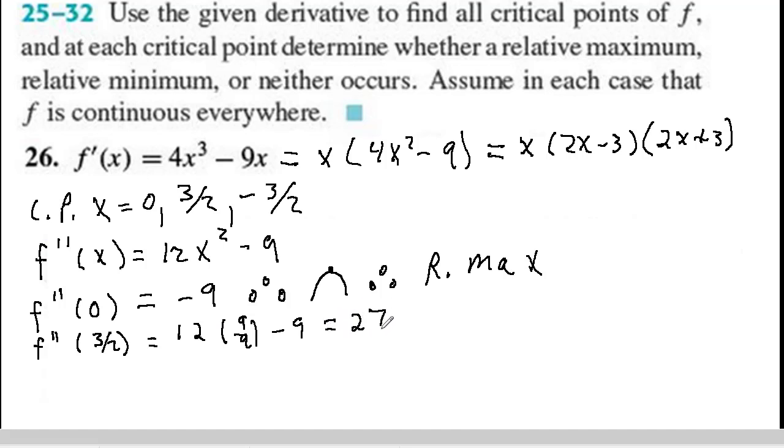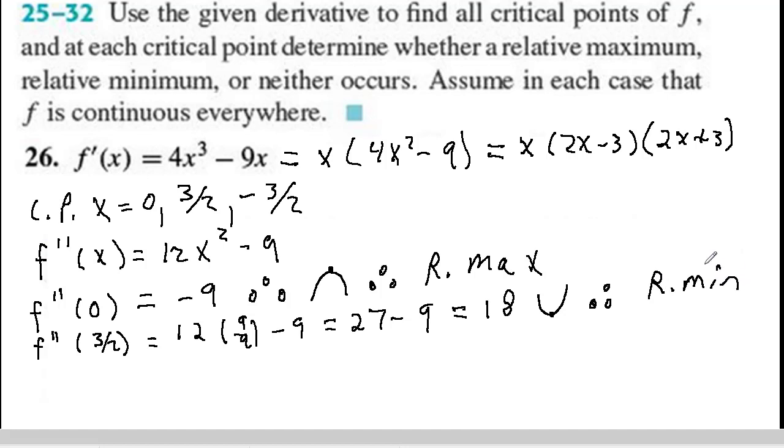And so you get 27 minus 9, which is 18. And so now that is positive. Again, that tells us that our graph is concave up. Since we were looking at the point where the derivative was 0, that tells us that we're looking at that point. And so again, therefore, we have a relative minimum.